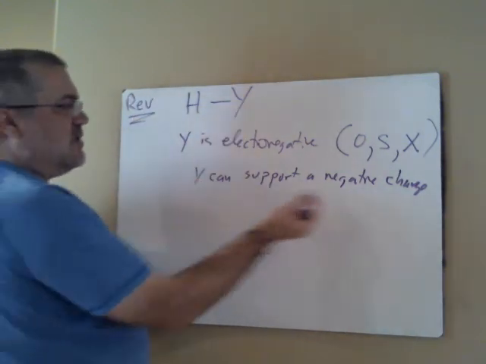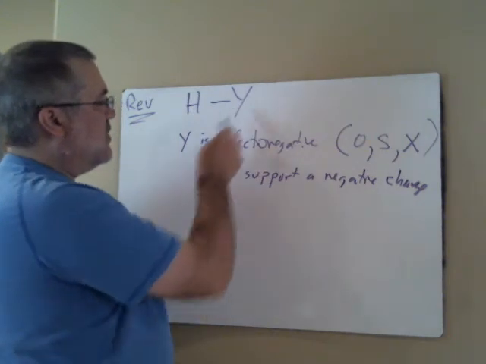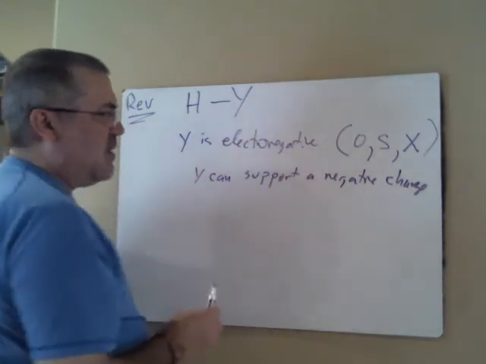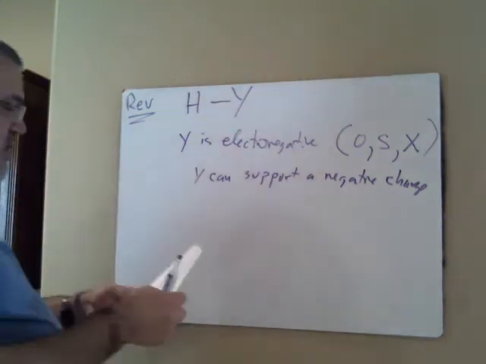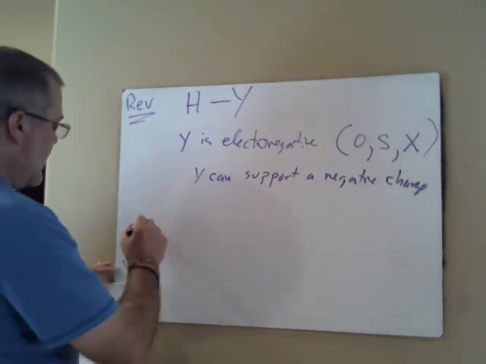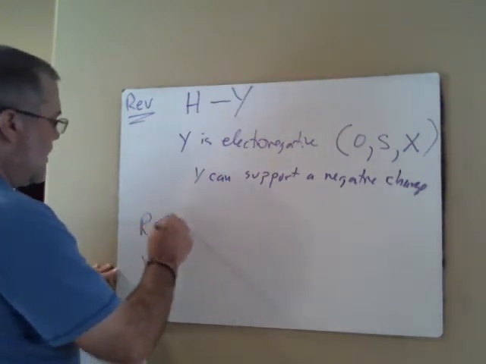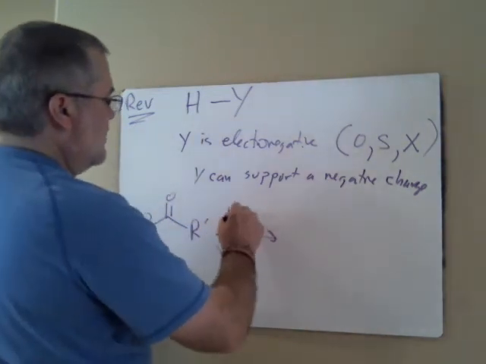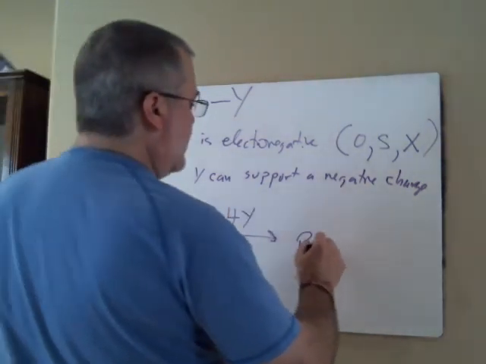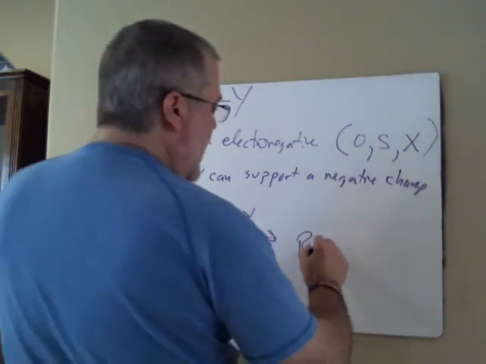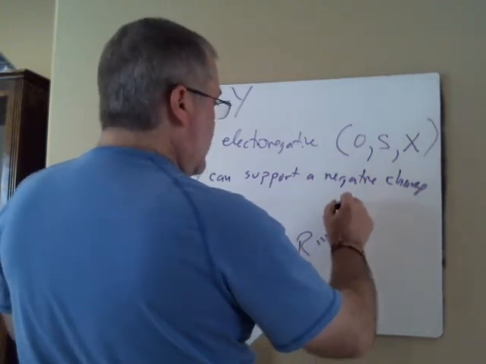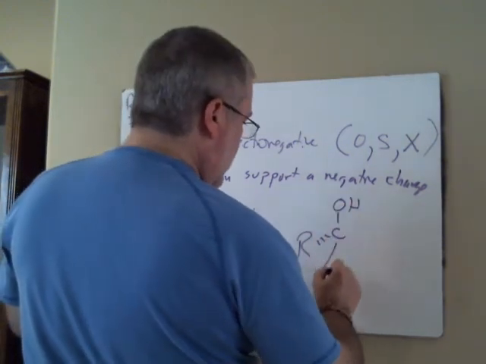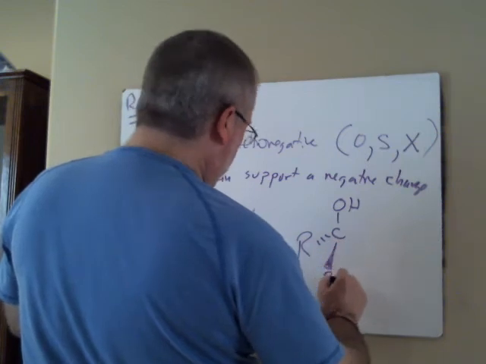Okay? Because I think I said this before, if your Y group here can support a negative charge, then if you look at it in the case of reacting with a ketone or an aldehyde, and let's do HY, and you're going to add that Y, I'm going to go ahead and draw the product if you do this addition.